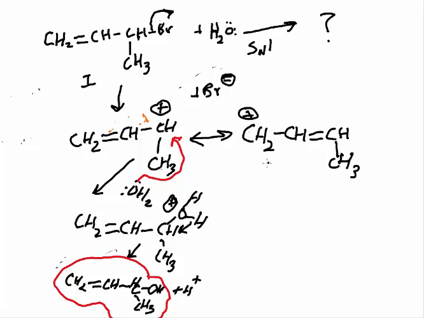So we're just going to take, as before, a water molecule and have it bond nucleophilically to the plus CH2 there. All right, and just draw the result of that.